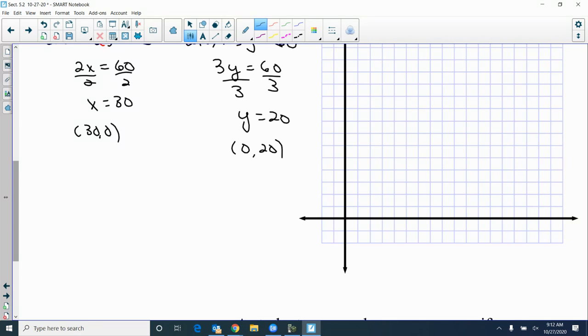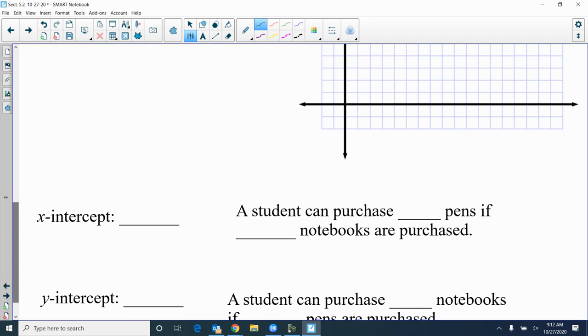Okay, so now think about this situation, and this is where we need to be able to write what it means. The x-intercept is 30, 0. x stands for number of pens, and y is notebooks from up above. So what does this mean? At 30, 0, it means a student can purchase blank pens.